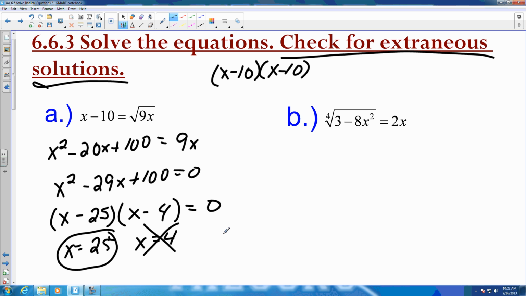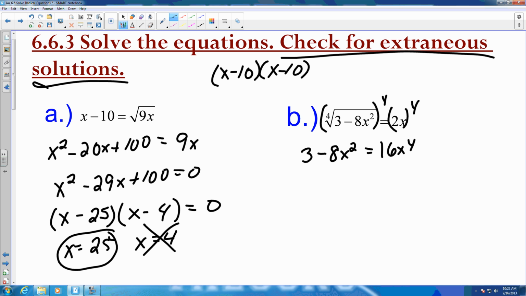Okay, let's go to B. B, my fourth root is already isolated, so I'm going to take the fourth power to both sides, which leaves me with 3 minus 8x squared equaling 16x to the fourth.